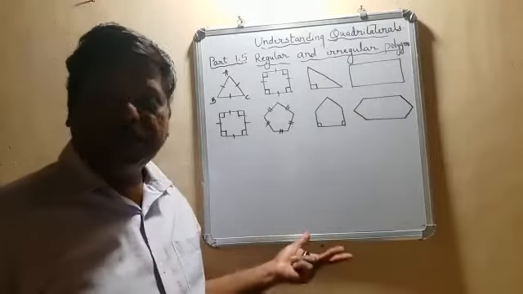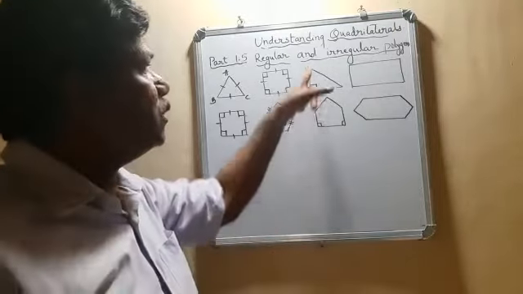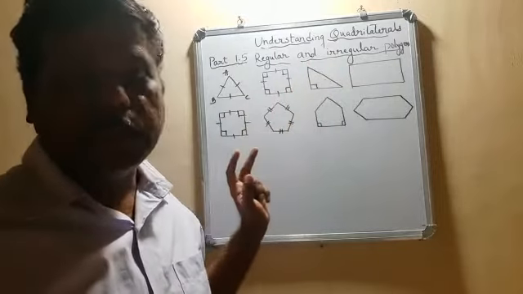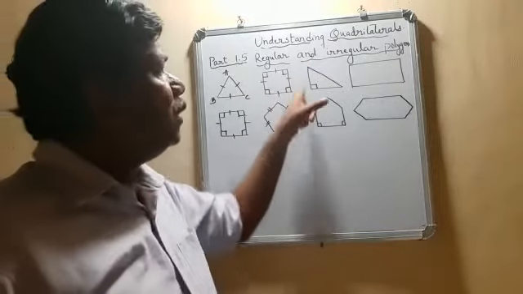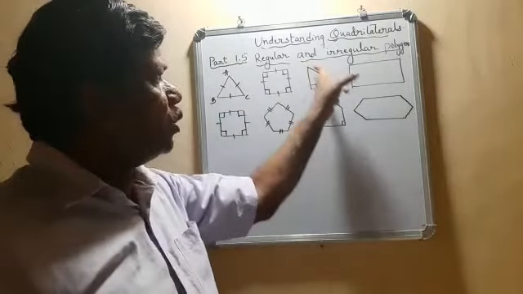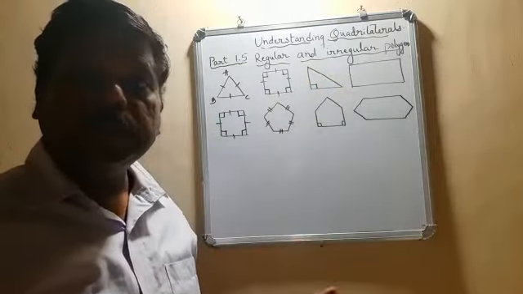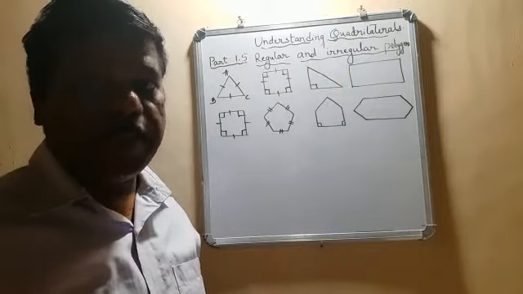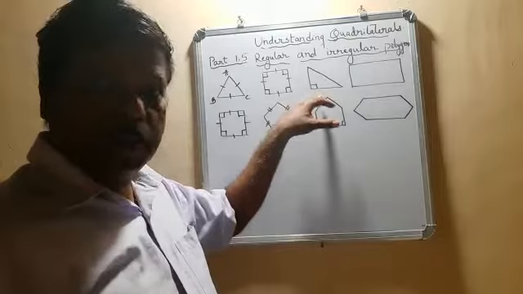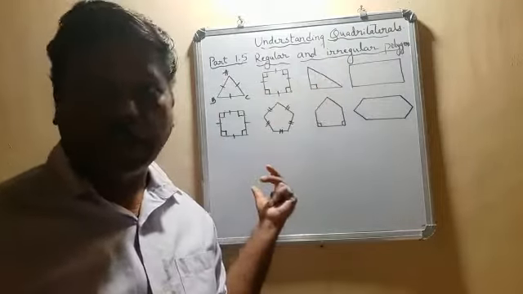So each one of them is not equal to 90 degrees. The sides are also not the same. The hypotenuse is the longest side. So the sides are not equal and the angles are also not equal. In that case, we call this triangle an irregular polygon.